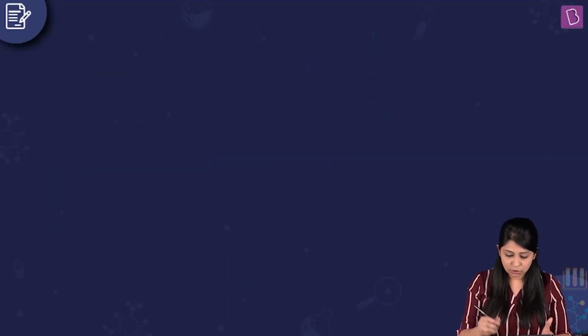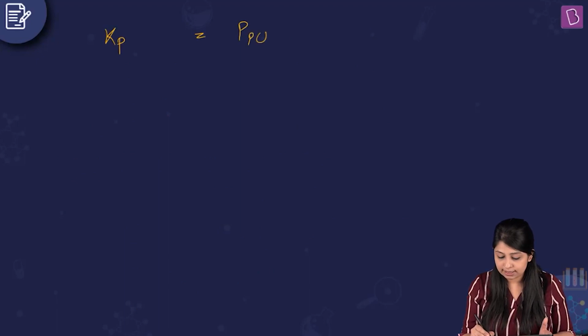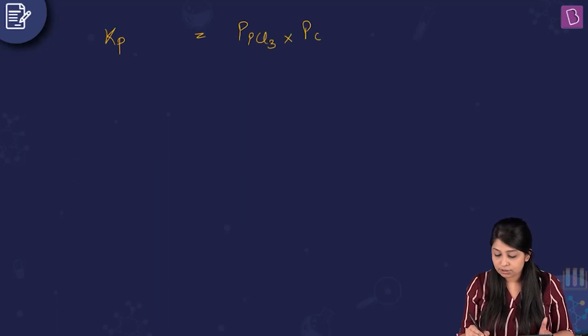Now we know Kp is the partial pressure of PCl3 multiplied by the partial pressure of Cl2 divided by the partial pressure of PCl5.